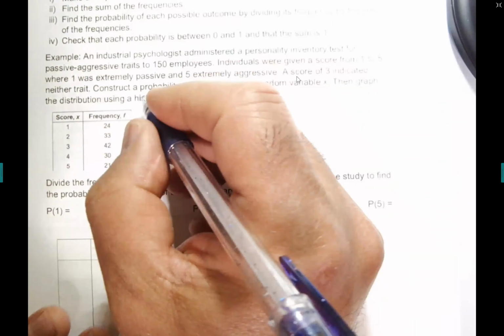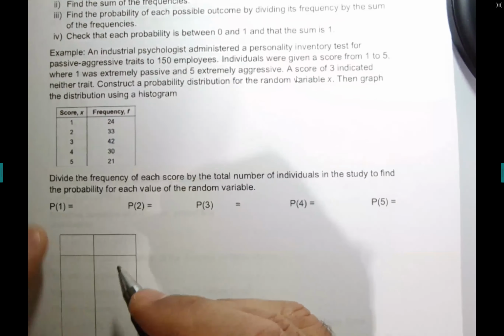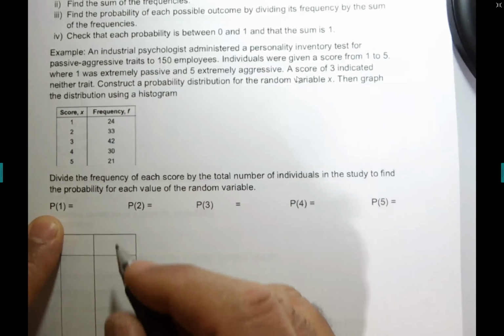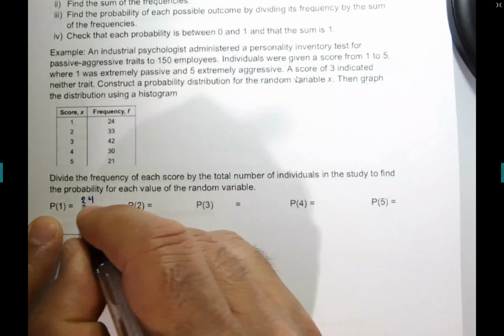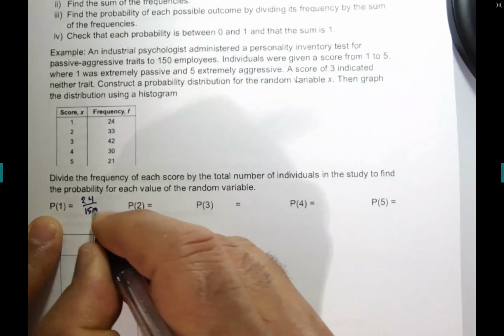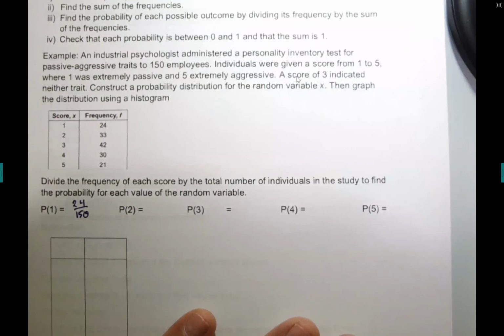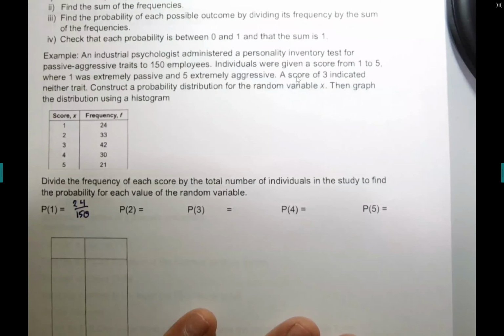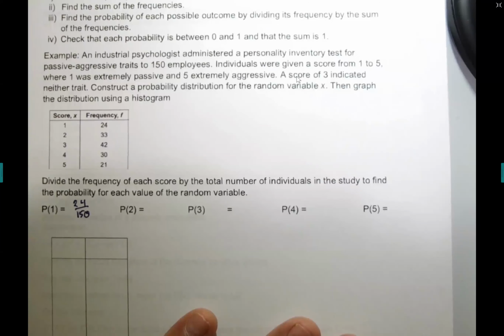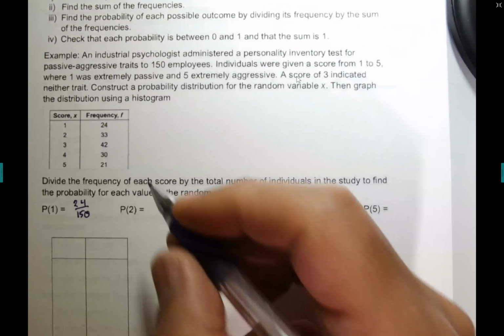So right here, guys, the probability of 1 is going to be 24 divided by 150. Very good. Now, what is the probability of selecting an employee who had a score of 2? Would you agree with me that it should be 33 over 150? If students are asking about the 150, it's the total of all frequencies, which is 150 employees.